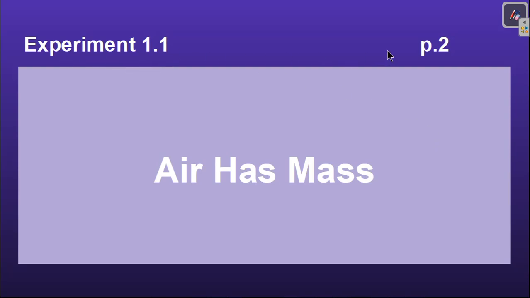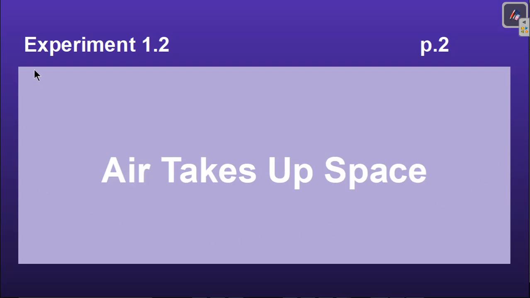Experiment 1.1 can be found on page 2. In this experiment, you're going to prove that air has mass. Now, in experiment 1.2, you're going to prove that air takes up space. Each one of the experiments in your textbook is followed by a few paragraphs in which the author of the book explains what happened in the lab.